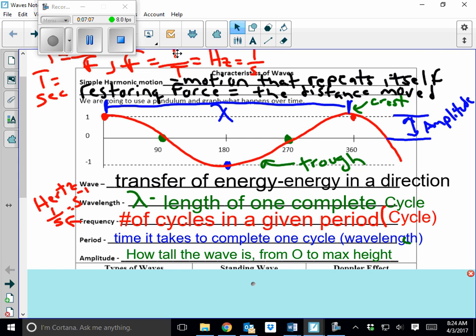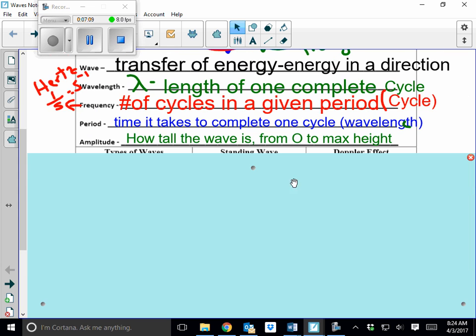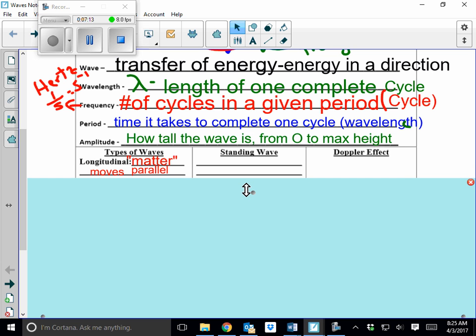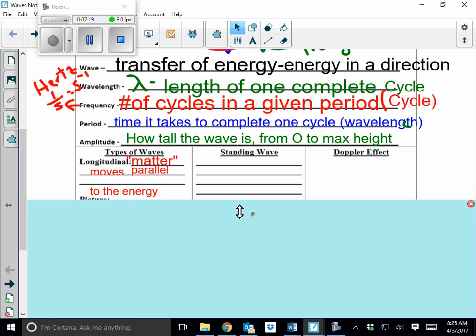Now, that's the basic thing about waves. There are 2 types of waves that we deal with. One is called longitudinal, and I demonstrated in class what this is. This is where matter moves parallel to the energy. So when I took the spring and I pulled it back, you notice that the energy, which was going towards the other student that was holding it, is parallel to the material.